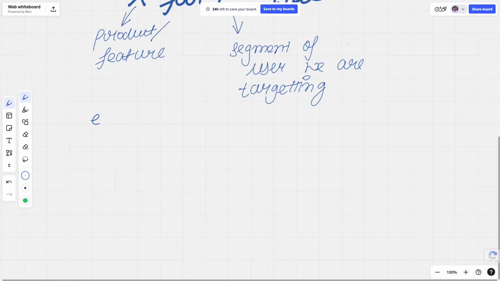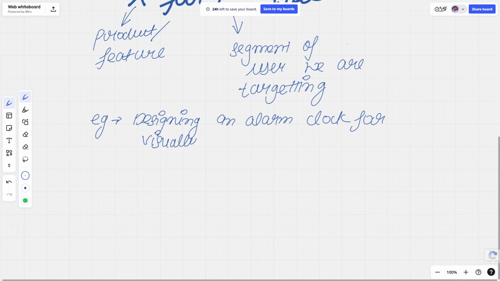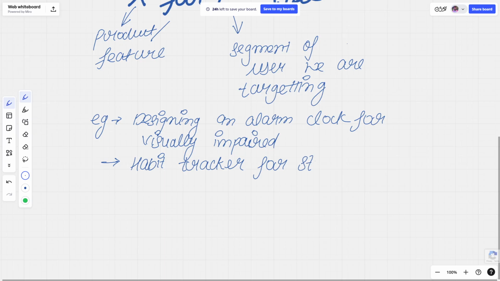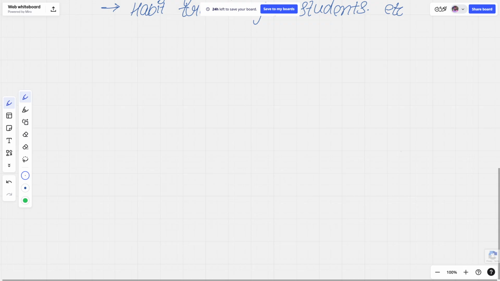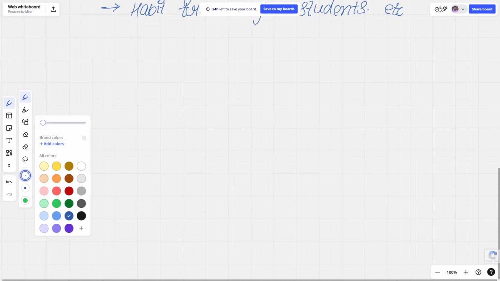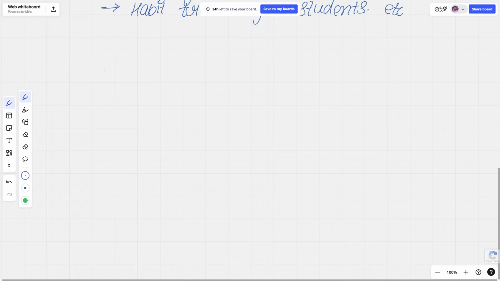For these types, the examples could be designing an alarm clock for the visually impaired, or there could be another example, habit tracker for school kids or for students, etc. So proceeding with the framework, let us understand what this CIRCLES framework is.